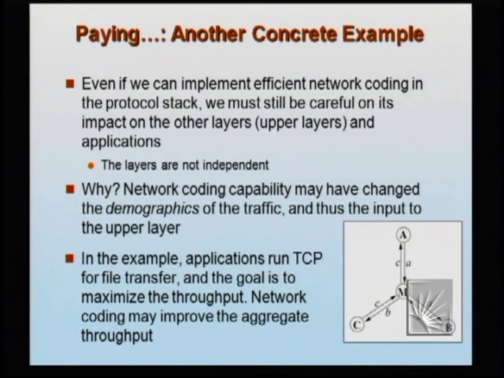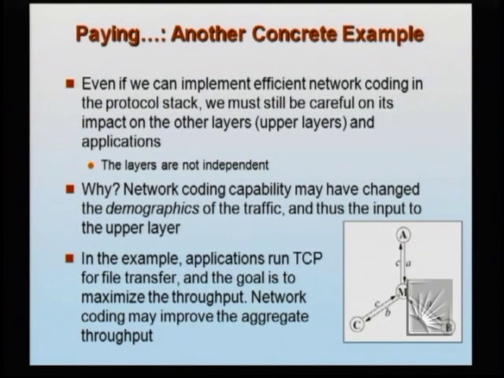So because of this, the input to the upper layer is already different. Because of those added low-layer capabilities, the input to the upper layer will be different. Okay. And let's look at an example.